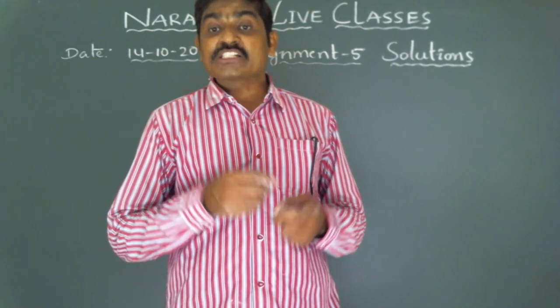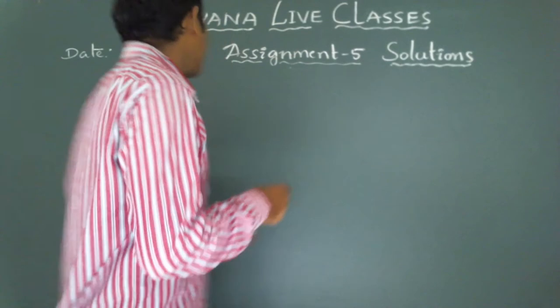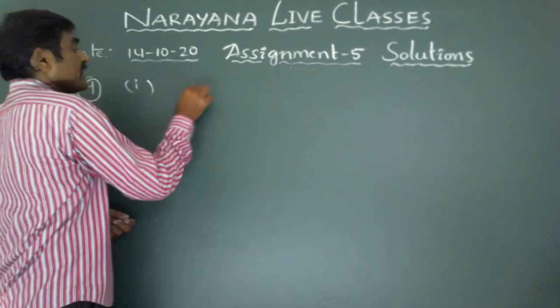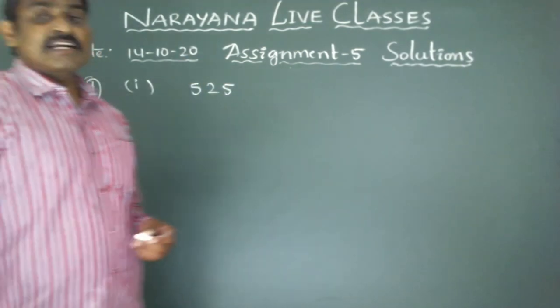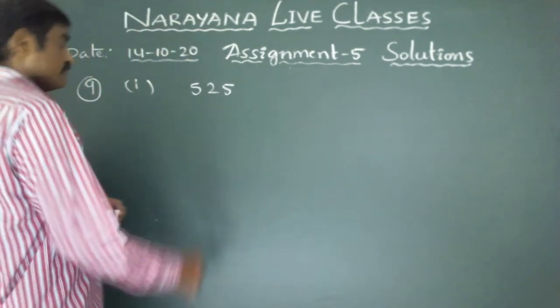Also, find the square root of the perfect square so obtained. The first one is 525. So 525, let us do the square root by the long division method.